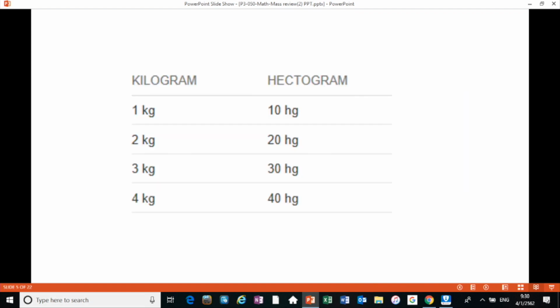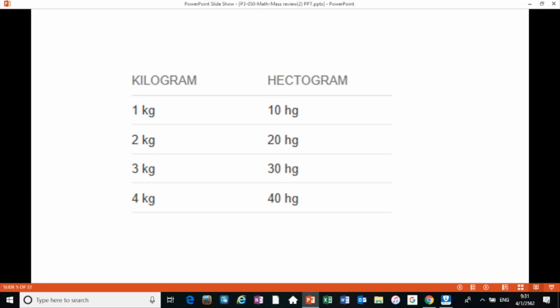So 1 kilogram is 10 hectograms, 2 kilograms, 3 kilograms, 4 kilograms, 10 kilograms. Excellent, well done. 10 kilograms, 100 hectograms.